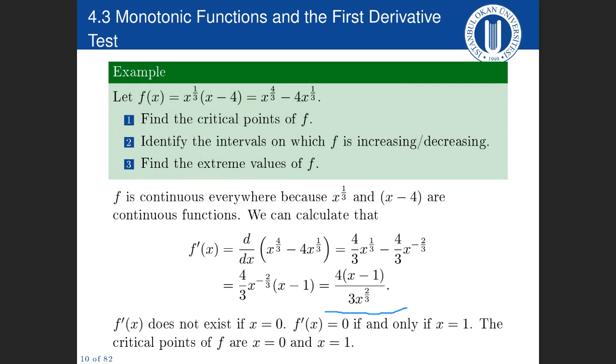We get 4x minus 1 over 3x to the power 2/3. Now we can't divide by 0. So we can say f prime does not exist if x is equal to 0. And we can see that f prime is equal to 0 if and only if x is equal to 1. So we have two critical points. One critical point where the derivative does not exist, and one critical point where the derivative is equal to 0.